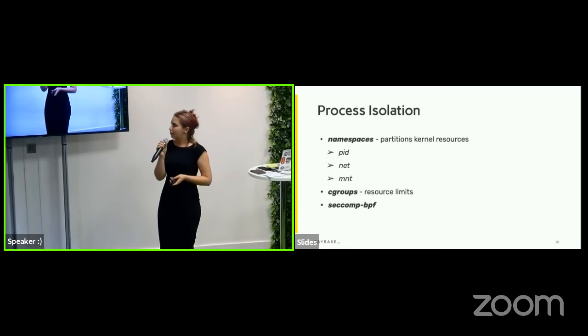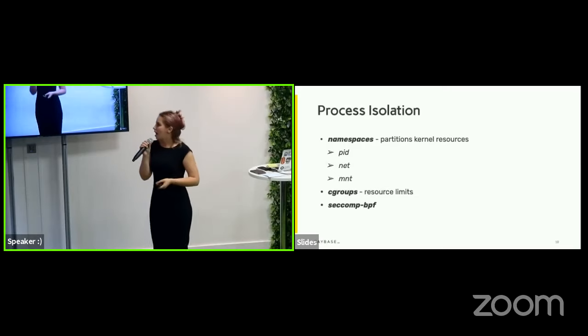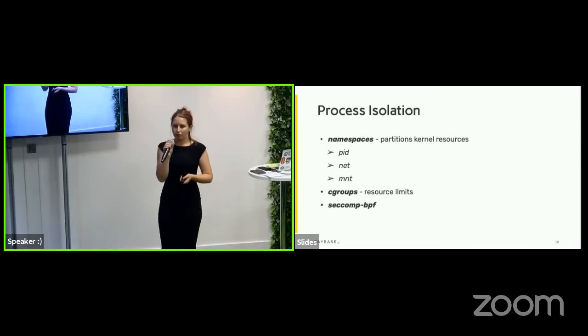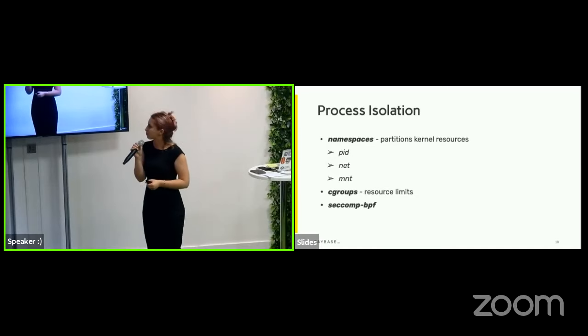Then we have the net, or networking, namespace that makes sure that ports used by a container don't meddle with the ports that are actually being actively used by the kernel. And we have the mount namespace, which takes care of mounting and unmounting the file system on a container.